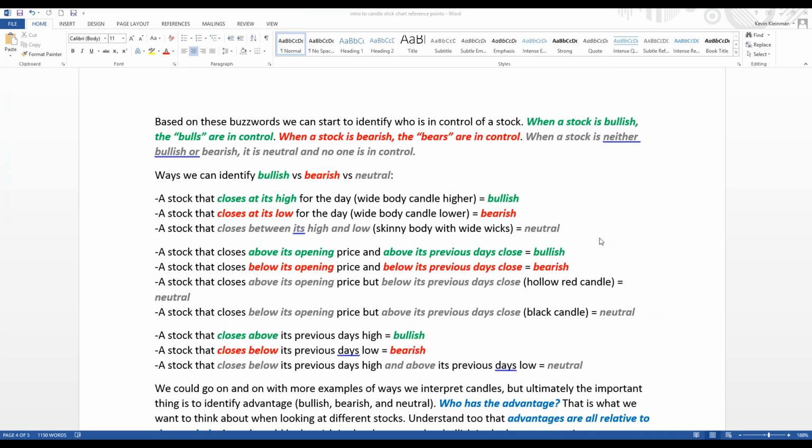Now, a stock that closes at its low of the day with a wide body candle is said to be in a bearish trend, potentially.